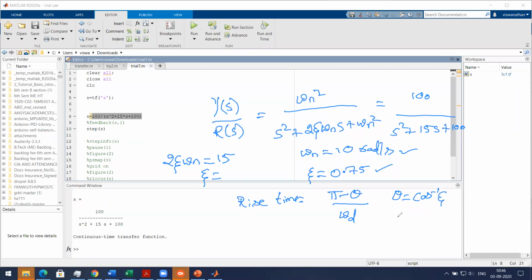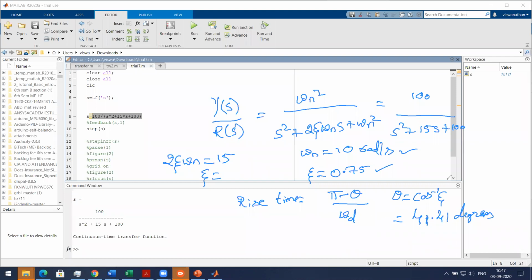How much do you get for cos inverse of zeta? 41.41, sir. What are the units? It's in degrees. Okay, degrees.